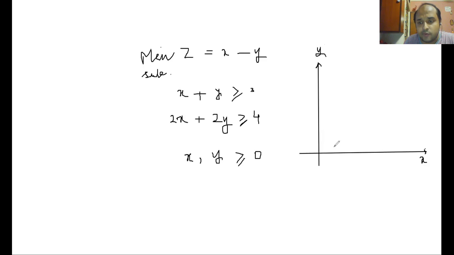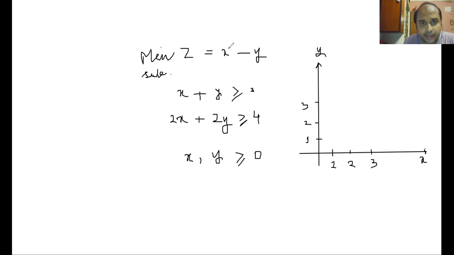Now I'm going to draw the straight lines. We have already known the intercept form of the straight lines, so we are not going to repeat them. These are my intercepts: points on the x-axis 1, 2, 3, and points on the y-axis 1, 2, and 3. My first equation was x plus y equal to 3.